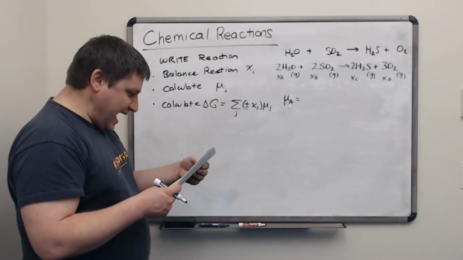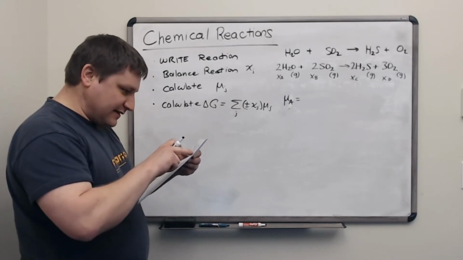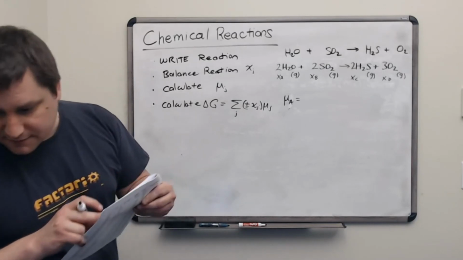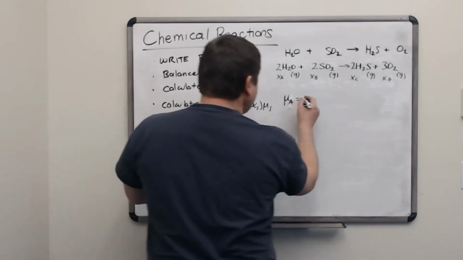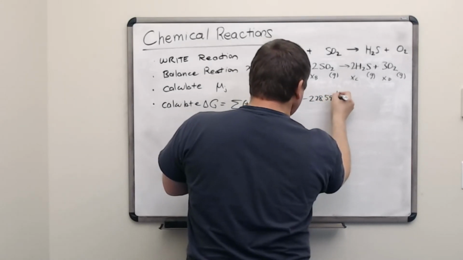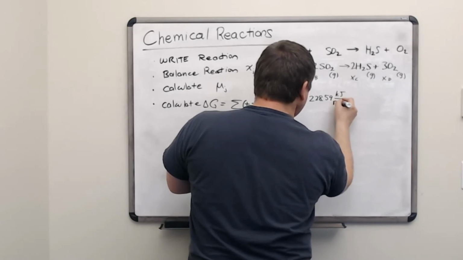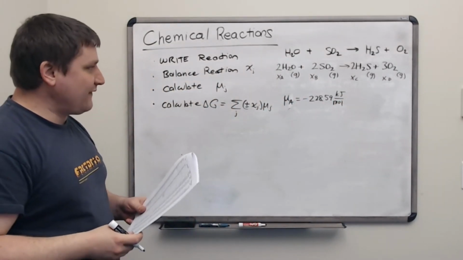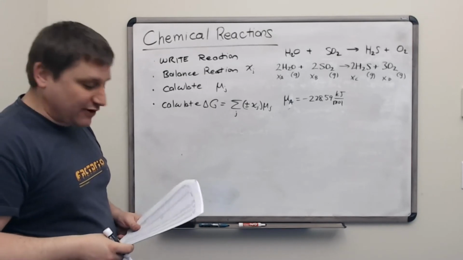I'm using the gas state here, and the Gibbs free energy there is minus 228.59 kilojoules per mole. So that's the reference value that it would have at standard temperature and standard pressure.